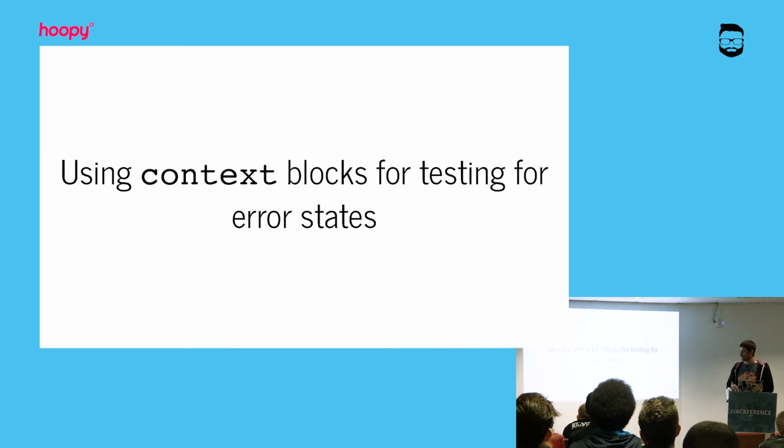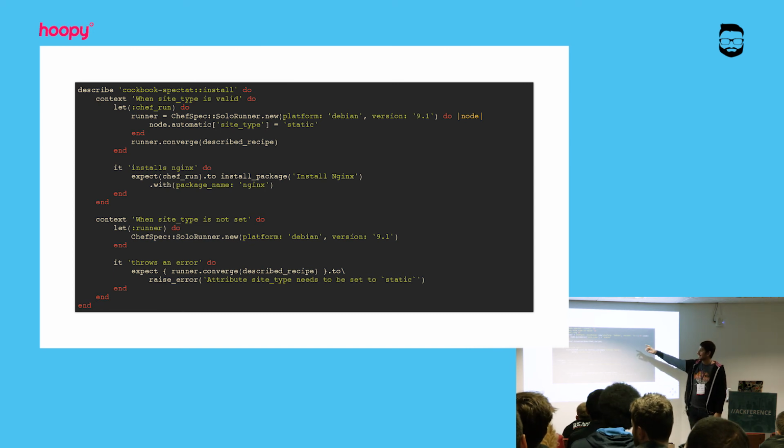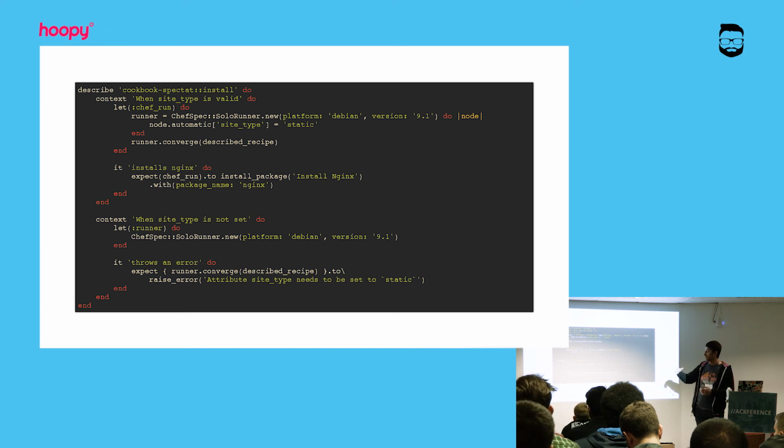The other one, as I say, is you can also test for your error states. So for instance, if you have the static site type set, you want to have Nginx installed, but when you don't have the site type attribute set, you want everything to blow up.